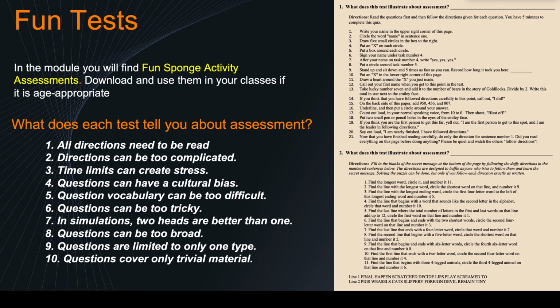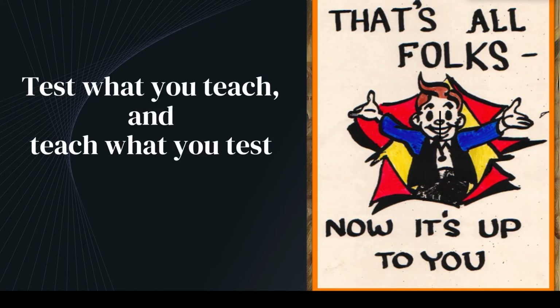But you need to read all the directions first, and it illustrates that point. So those would be kind of fun if you want to use them in your class, if you're secondary, middle school, or above. Many of them will fit for that. But it teaches us something about assessment.